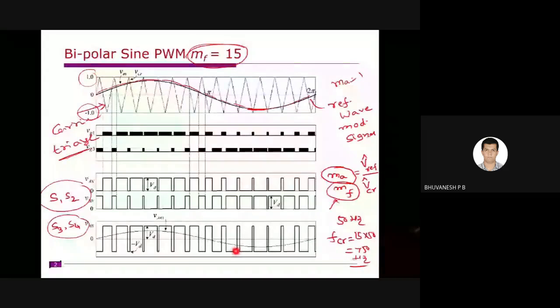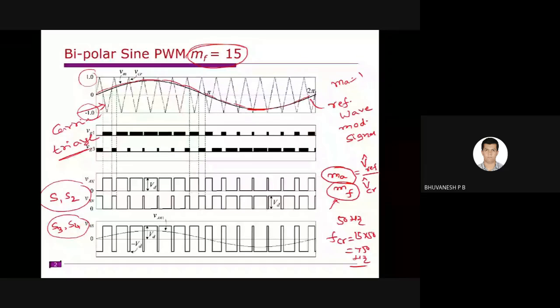The reference waveform is compared with the triangle waveform. When the carrier is greater than the modulating signal, the upper switch is on. When it is less than the modulating signal, the bottom switch is on. In other words, in one case you will get positive voltage, in the other case negative voltage.